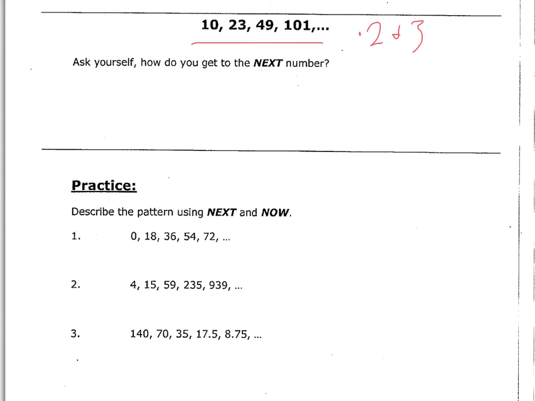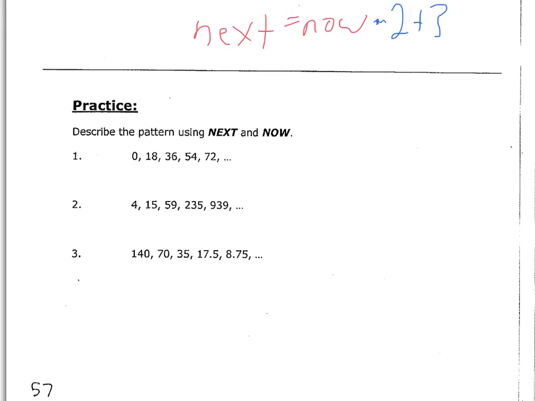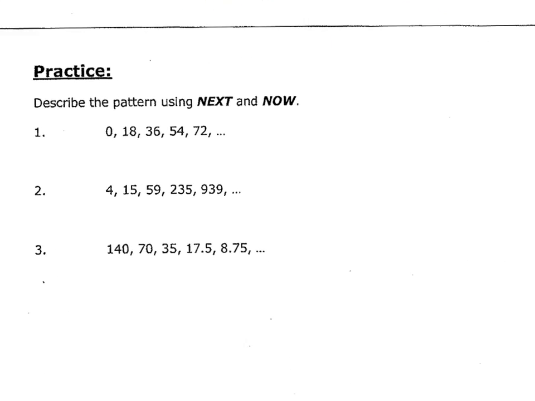Let's go ahead and write our equation. Next equals now, and then simply plug in what your pattern was. Next equals now times 2 plus 3. So that's all we're doing today, figuring out the pattern and then plugging it into our next and now equation.